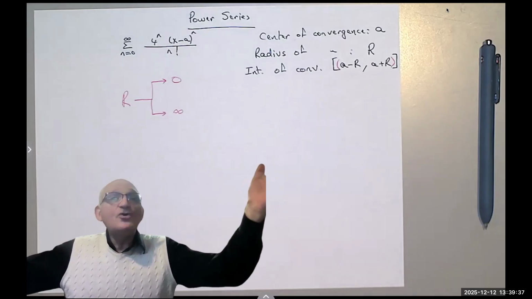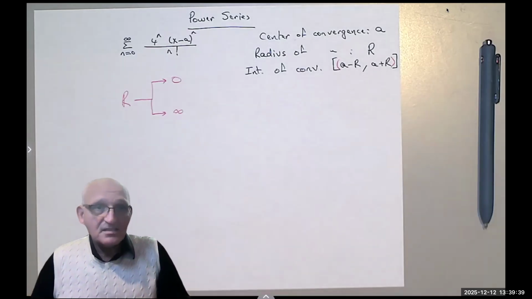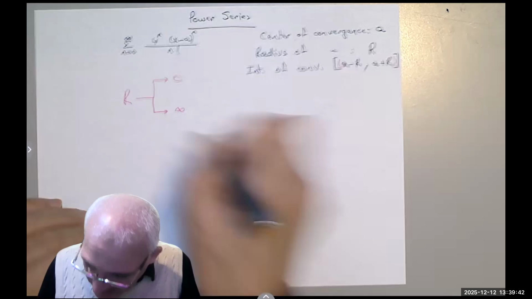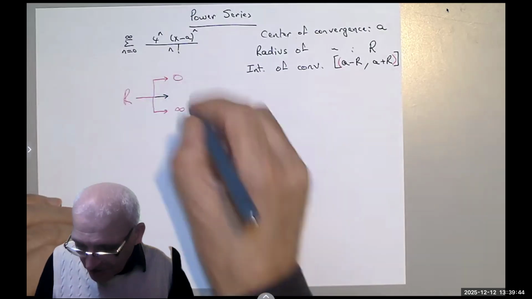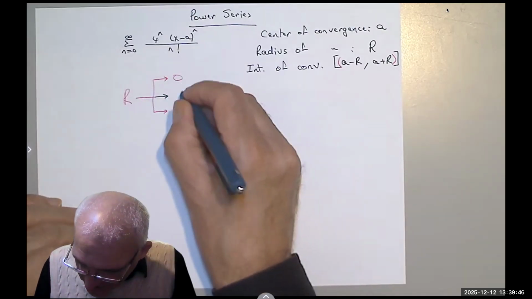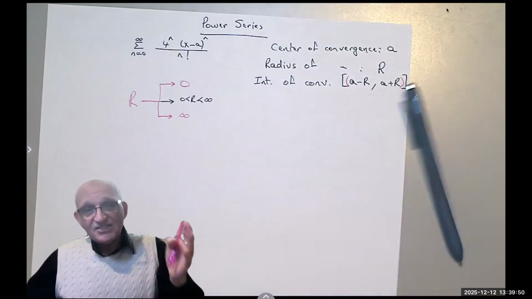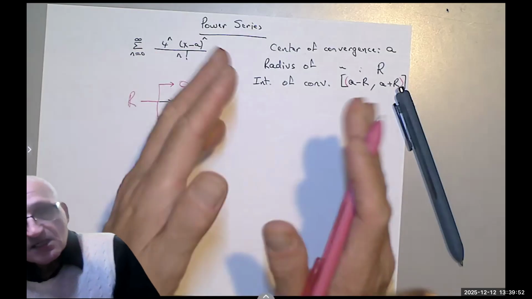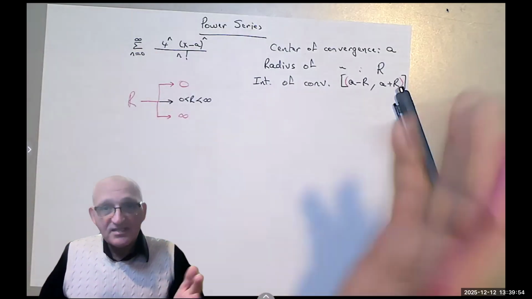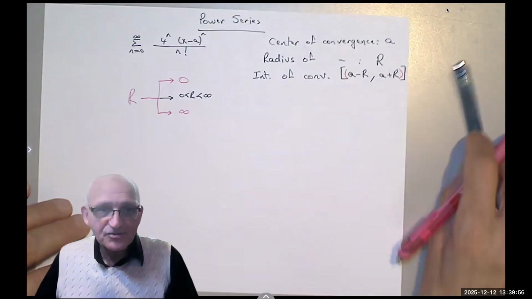It converges no matter what the value of x is. But if it's somewhere in the middle, so the radius is greater than 0, less than infinity, I will have to check at these two extremes, the lower limit and the upper limit, does it converge or diverge?